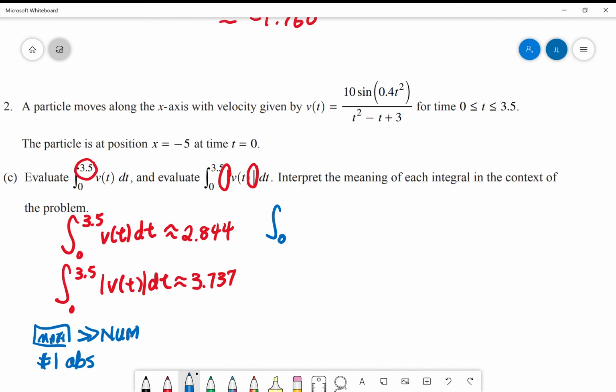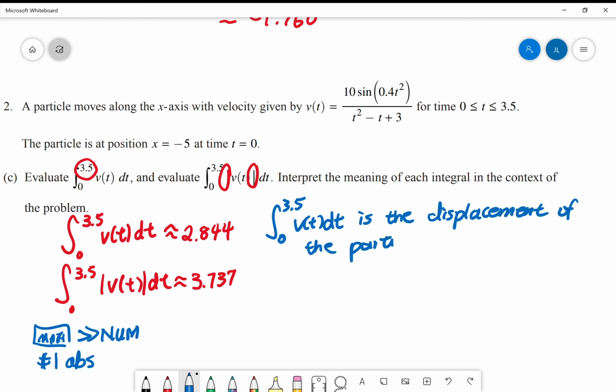And on the free response, you would just rewrite this integral again and say that this integral represents the displacement of this particle. And make sure you give a time frame on the interval where t is less than or equal to 3.5 and greater than or equal to 0.